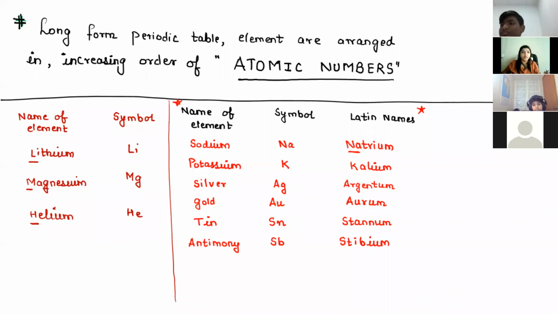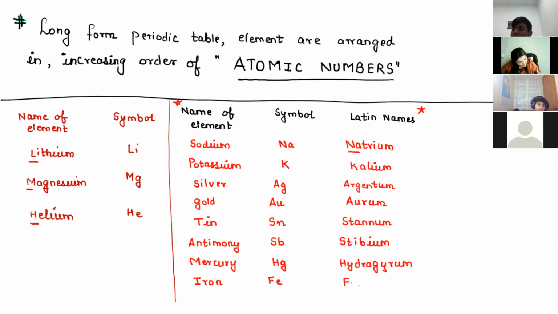Then we have mercury, which is Hg, hydrargyrum. It is called hydrargyrum. Then iron, Fe, ferrum.